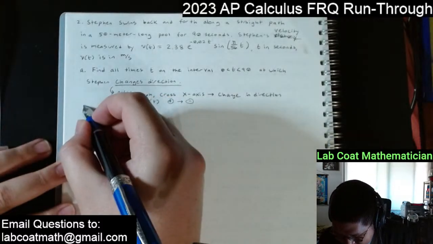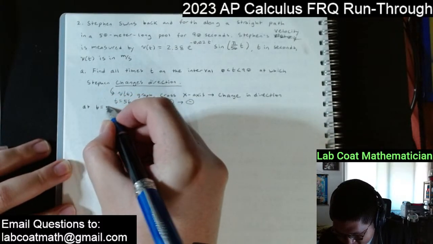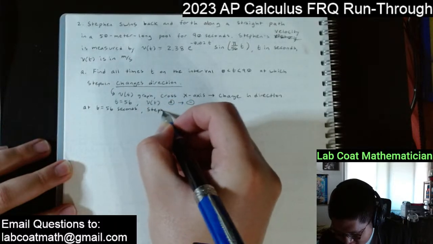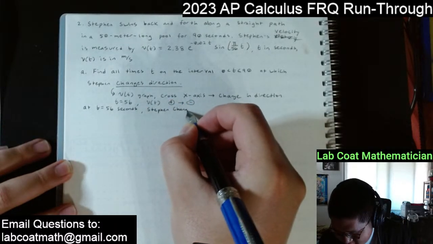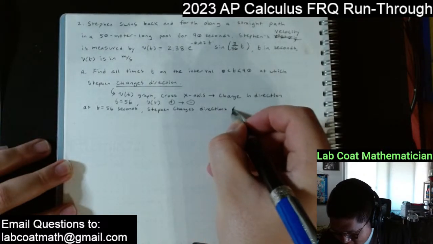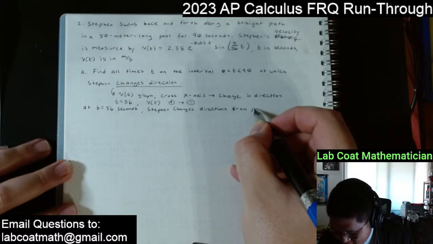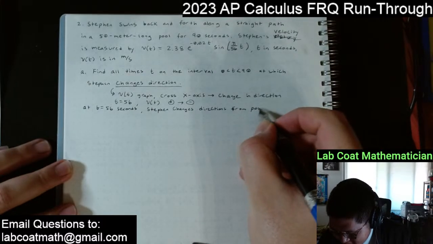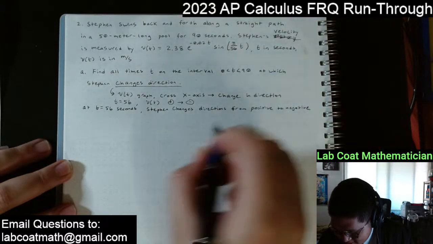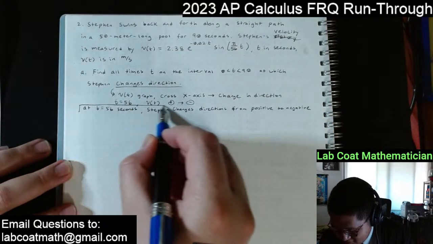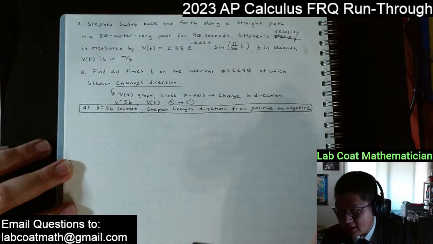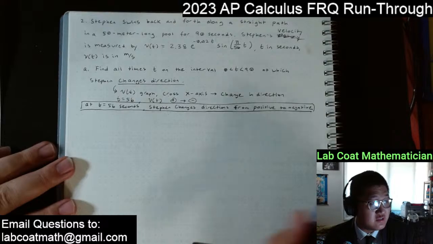It says here that at t equal to 56 seconds, Stefan changes directions from positive to negative. And our work shows that we have graphed it and we're looking for the crossing of the function on the x-axis to confirm that change in direction for us.